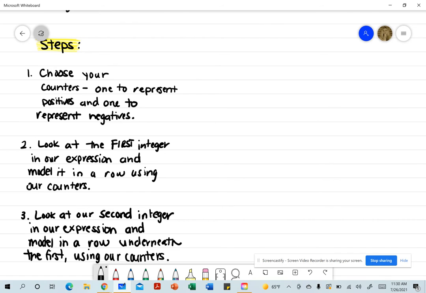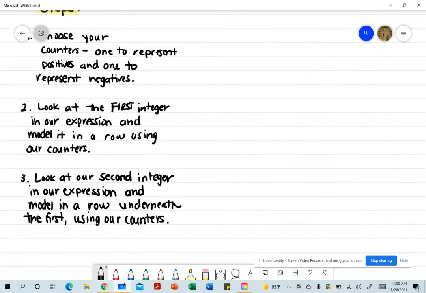So in math, it's really, really important to be neat. So I'm going to show you that you make a first integer a first row with counters. Then right underneath, we align them almost perfectly to make a second row that represents our second integer.